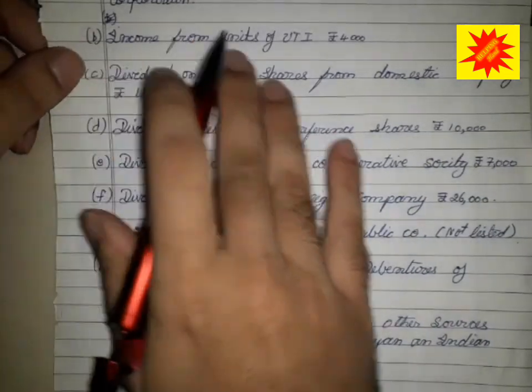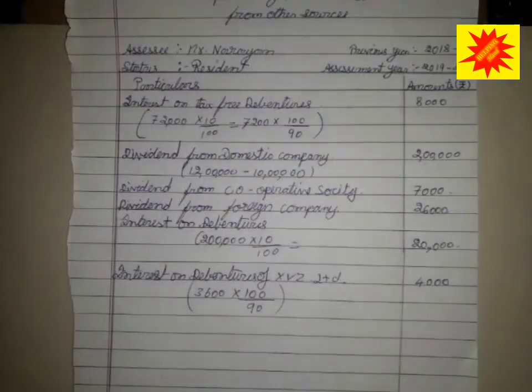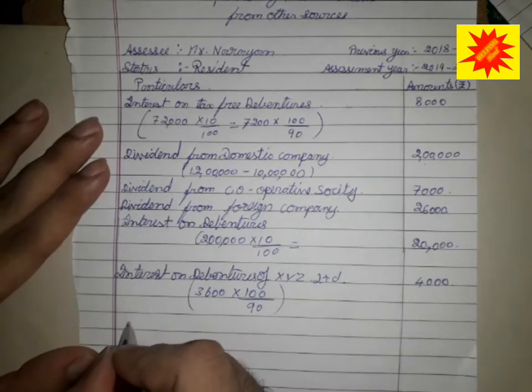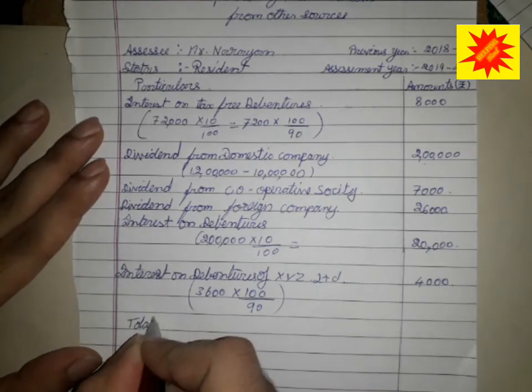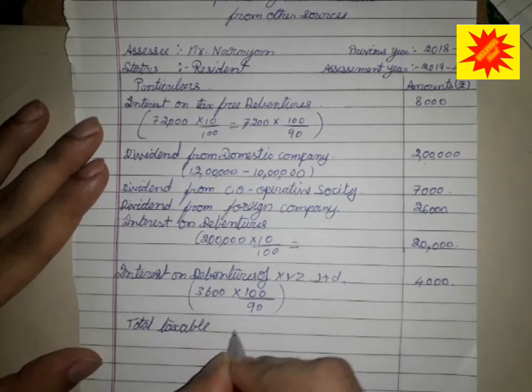Okay, is any other transaction given? No. All transactions have been recorded. So now we will have to total it. Total taxable income.